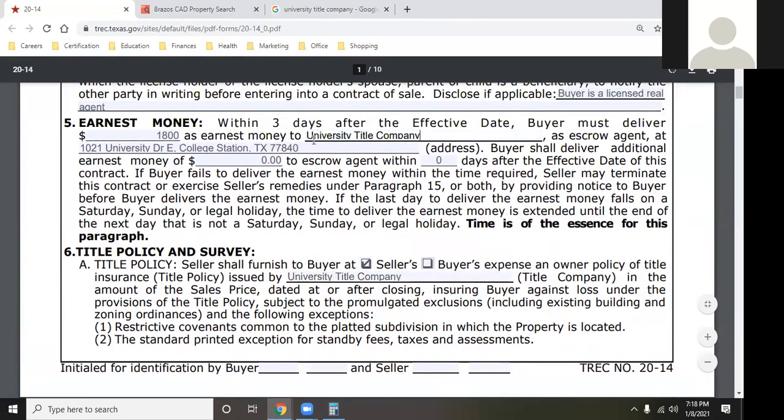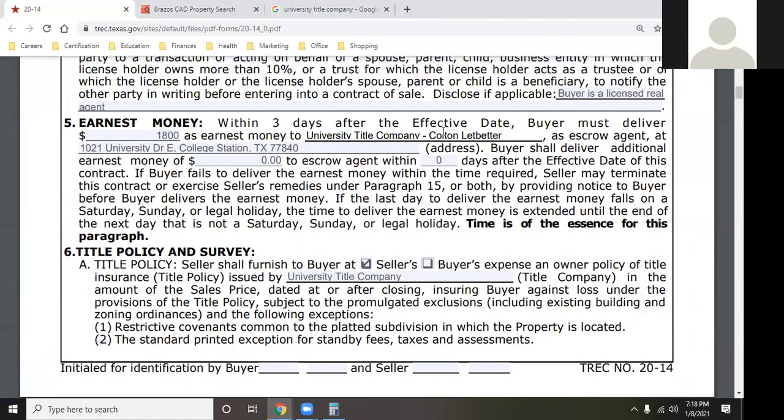Say I wanted Colton Ledbetter to be the escrow agent. I'm going to say University Title, but I only want to deal with Colton. I can dictate who I want to deal with at the title company.